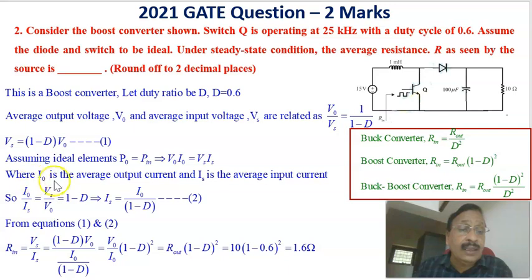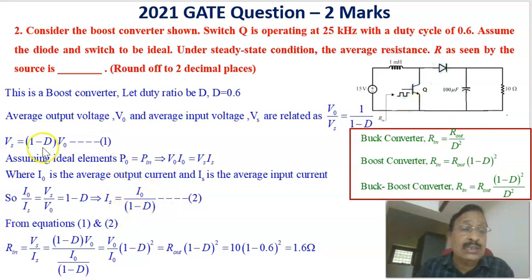Assuming that, input power is equal to output power, or V0 I0 equal to Vs into Is: average voltage into average current at the input side equals average output voltage into average output current. In that case, I0 by Is equals Vs by V0, which is equal to 1 minus d, or the input side current equals I0 divided by 1 minus d.